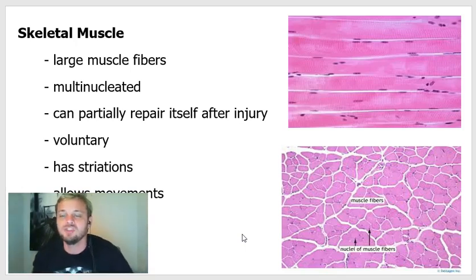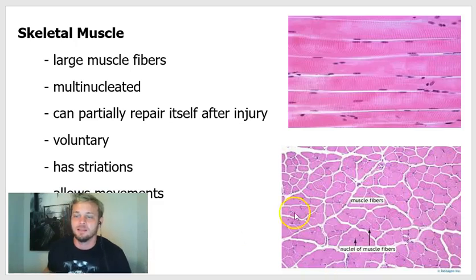And how can you tell skeletal muscle cut like this? How can you still figure out that that's skeletal muscle? Well, one, you can see that you have these groups of muscle, so these fascicles, right? There's a nice gap around them because they also have that endomysium.